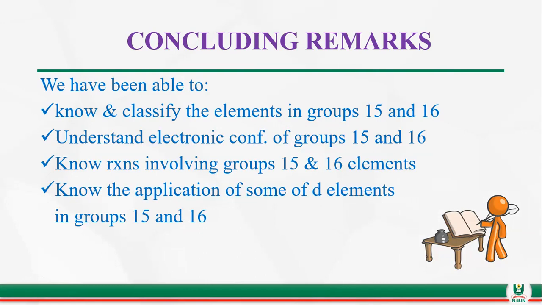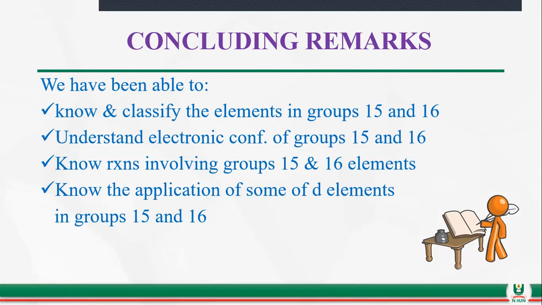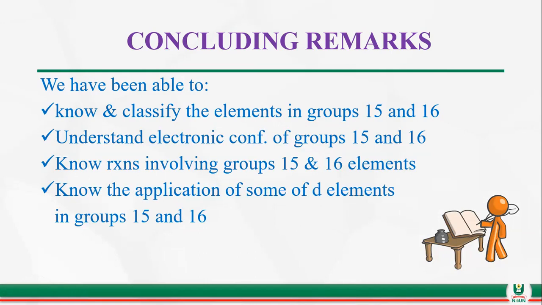At the end of today, in summary, we have been able to, one, know and classify the elements in group 15 and 16. We said the elements in group 15 are the nitrogen family, or you can call it group 15.